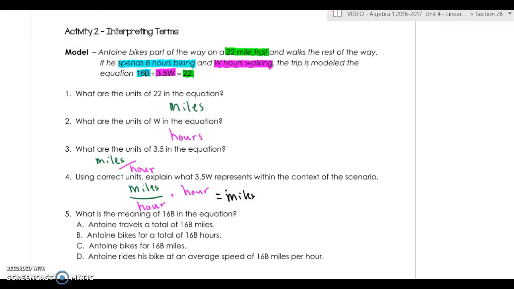So I know that term represents miles. We want to know miles of what? Because it's not the total miles, that's 22, something less than that. So 3.5 W, we talked about the W representing the walking. So it's the rate that he's walking times the time that he's walking, so it's the miles he spent walking.